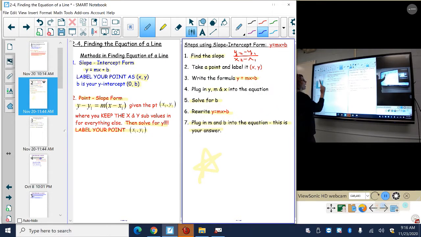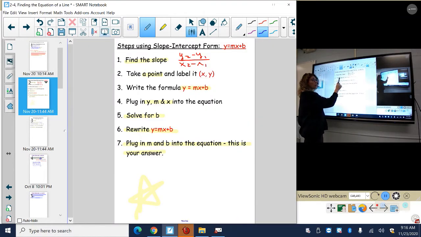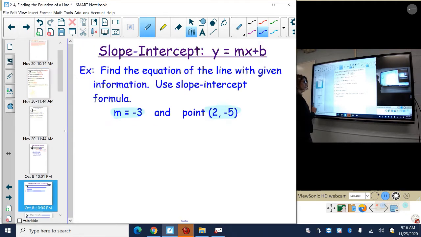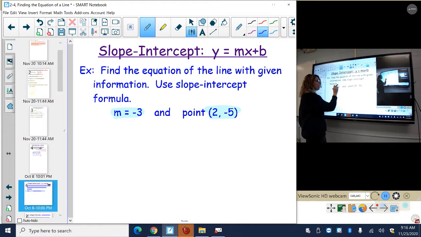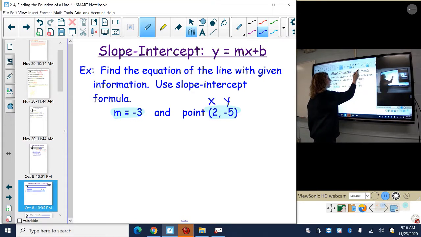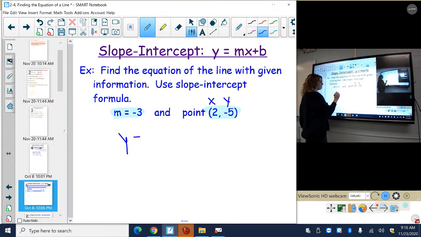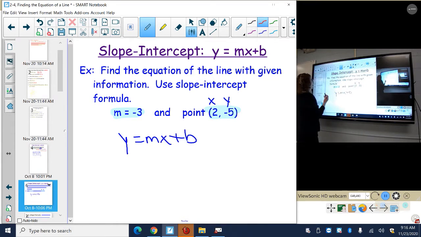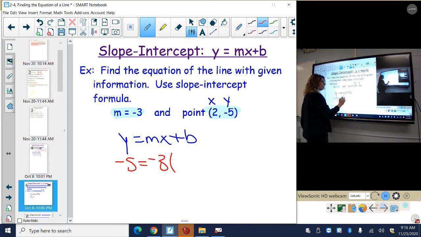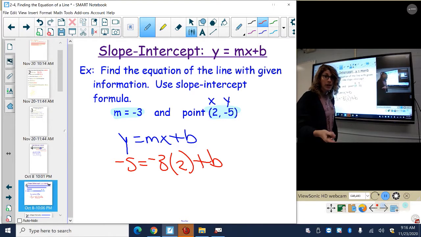So you're going to go ahead and you are going to find the slope, which it's given, and you're going to take a point and label it. So I have the slope, and I'm going to label my point x and y. And then I'm going to write down my formula, and then I'm going to plug in my y, which is -5, my m, which is -3, and my x, which is 2. And then I'm going to solve for b.